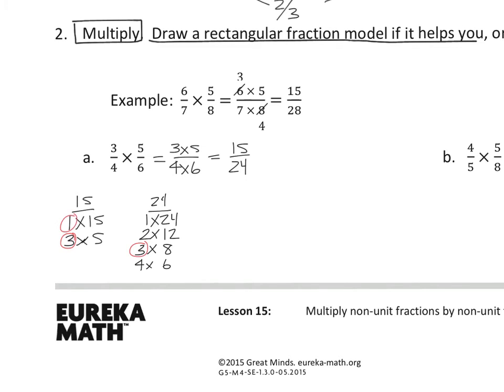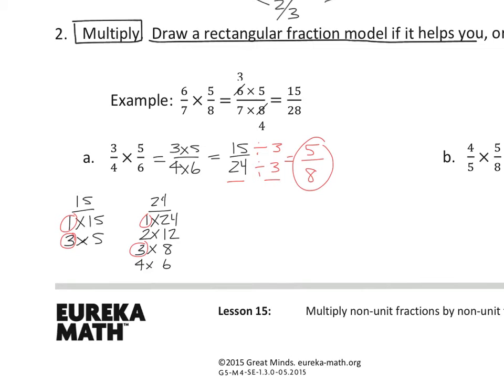They both share 1, but we don't want to use 1 because we'd get the same fraction again. So we're going to take 15 and 24 and divide them by 3. 15 divided by 3 is 5, and 24 divided by 3, if you didn't know that quickly, you can look back at your factors over here, is 8. So the fraction of our answer is 5/8.